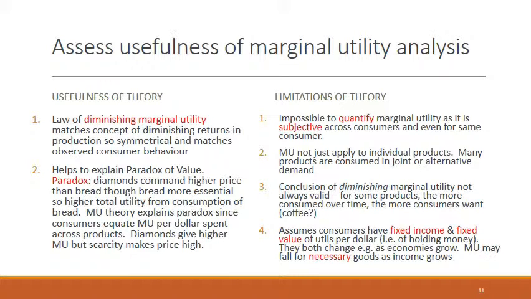As far as the usefulness is concerned, we mentioned earlier that it's kind of symmetrical to the part of the theory of the firm dealing with diminishing marginal returns with at least one fixed factor, and that kind of symmetry is very helpful in consistently applying economic theory and realizing that consumers do share something in common with firms.